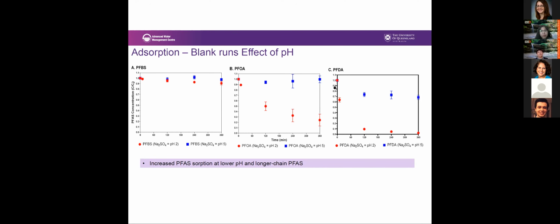On the other hand, for PFDA, the PFAS loss further increased to 99% at pH 2, which, if you remember, PFAS removals for PFDA was also at 99%. So at that point, we really cannot tell whether the removals we observed during the EO for the PFDA were really due to electrochemical oxidation, or whether it's just adsorbed.